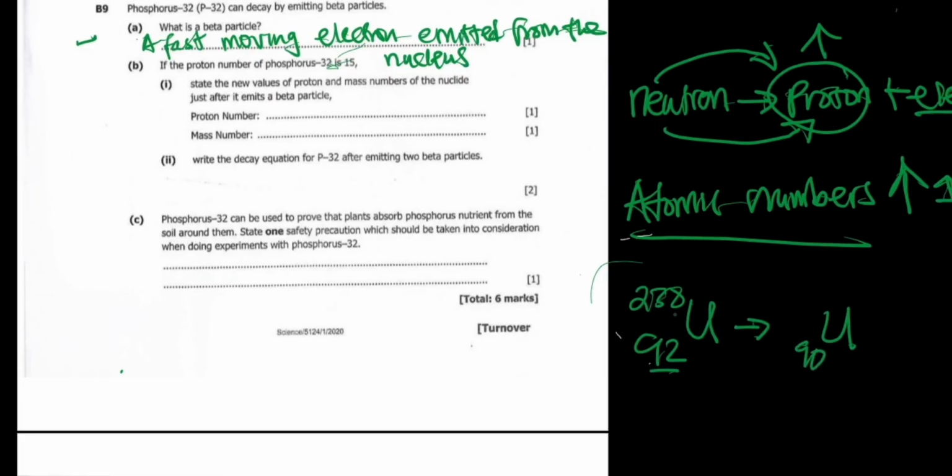Whereas the mass number is going to decrease by 4, because the mass number is the number of neutrons and protons in the nucleus of an atom. Since you have 2 protons that are lost and 2 neutrons that are lost, this is going to decrease by 4. So you're going to have 234.